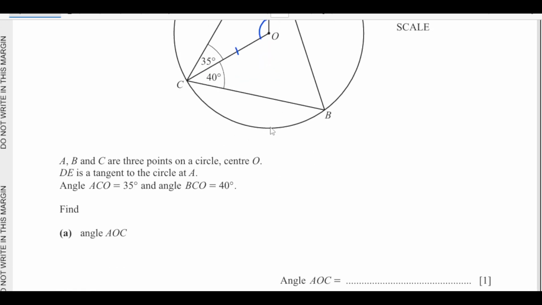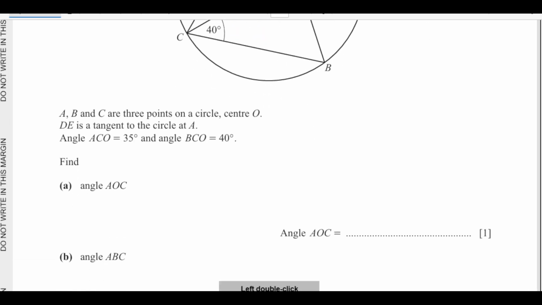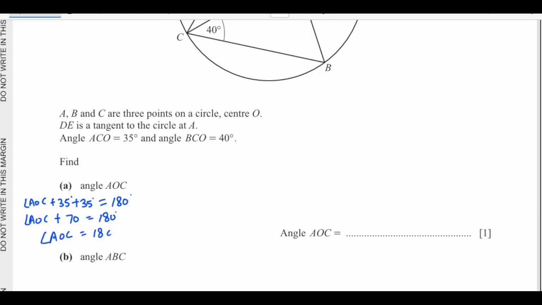So, we will write here angle AOC plus 35 plus 35, they add up to 180 degrees. Okay. So, angle AOC plus 70 equals 180. So, angle AOC is 180 minus 70, which is 110. So, angle AOC is 110 degrees.